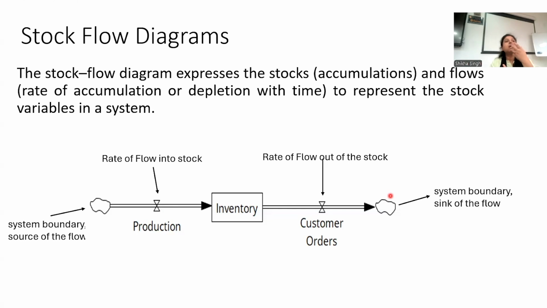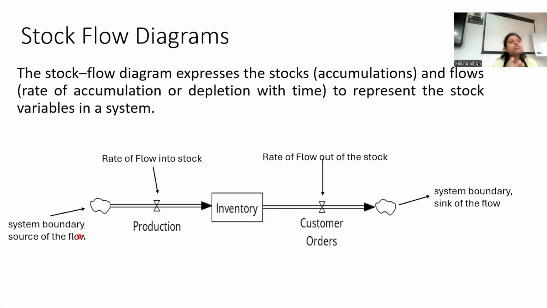If I say this bread production in a particular city, and I try to understand what is the source, there are multiple sources, right? And I cannot name all those bakeries here. So I put the cloud sign, which is just the source, right? But when you would like to understand in detail which factory exactly gives what kind of increment in the bread stock of the city, then you can definitely add that.